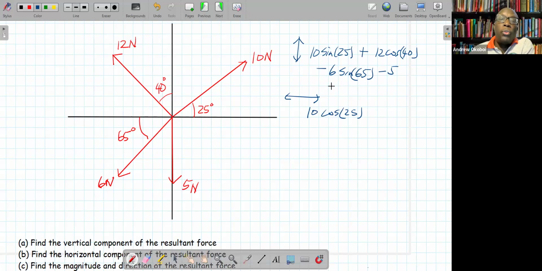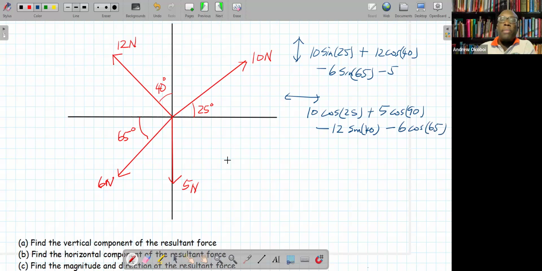You can actually put it if you like: plus 5 times the cosine of 90 degrees. The cosine of 90 degrees is 0, so this will just end up not changing, but you can put it in if you like. Minus, now these two are pointing left, so I'm going to make them negative: negative 12 sine 40, and negative 6 cos 65.